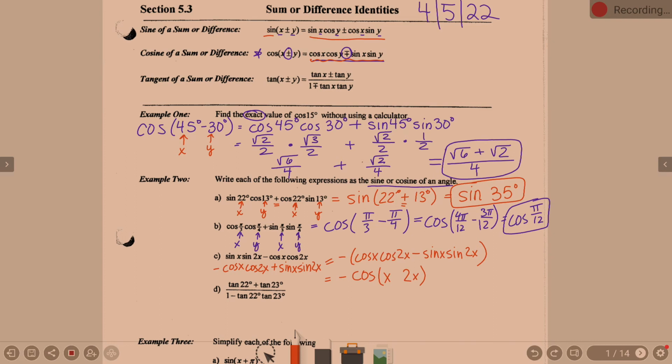I'm going to make you guys tell me. Are x and 2x added or subtracted? Added. This is cosine, so we use the opposite sign of what's in the problem. So x plus 2x is going to be 3x. So I have the negative of cosine of 3x. Negative cosine 3x is what that would clean up to be.